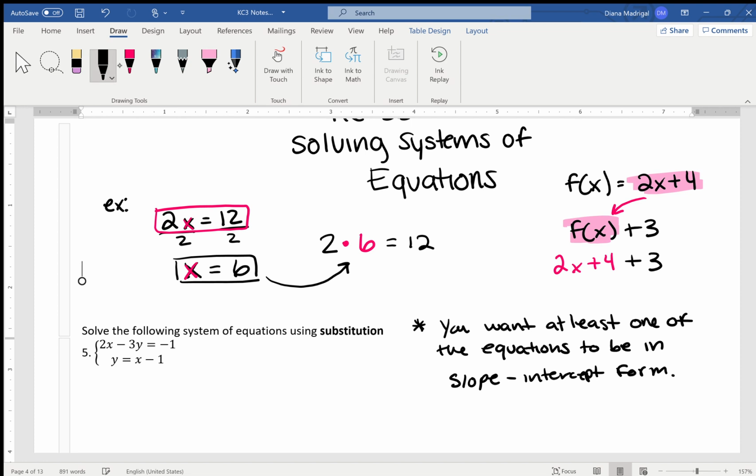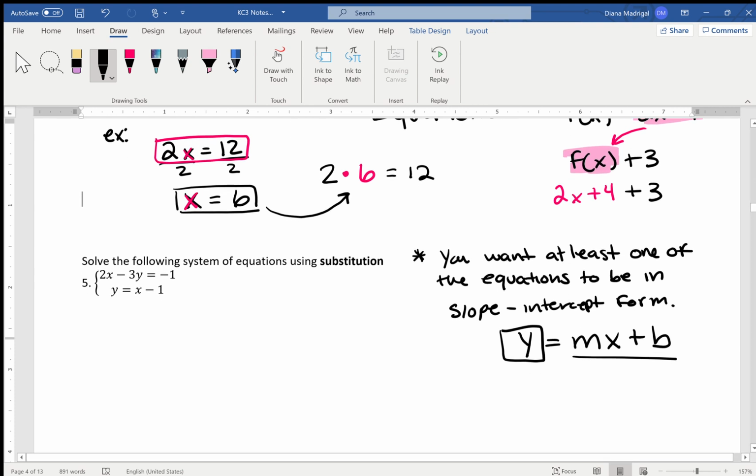All right, so again, y equals mx plus b. You want an equation where they already give you the answer for y. Y is going to be whatever they have on the other side. So that way, it's easy for you to plug in and substitute y because you already know what they're giving you. All right, so you definitely want at least one of the equations to be in slope-intercept form.